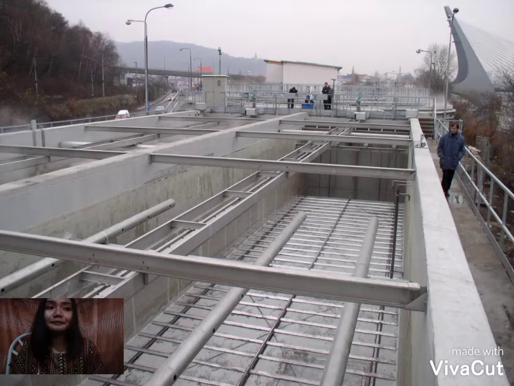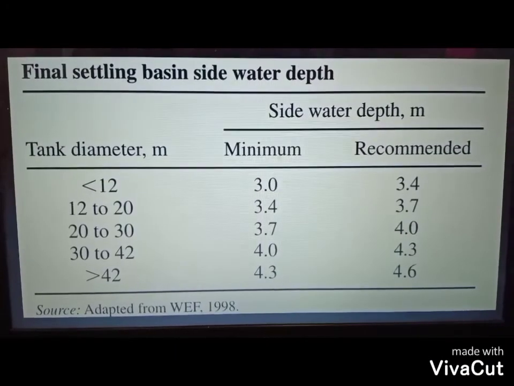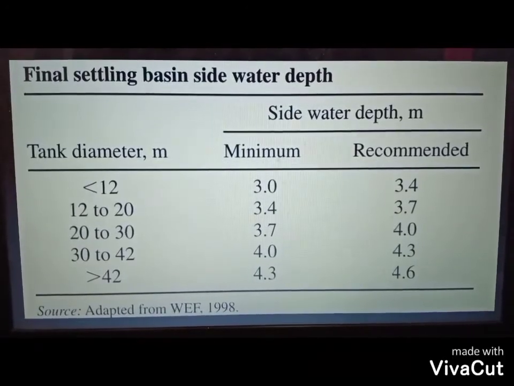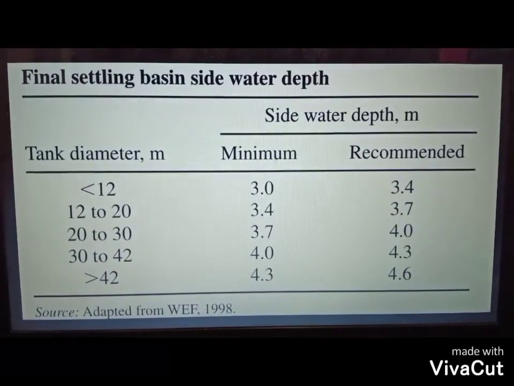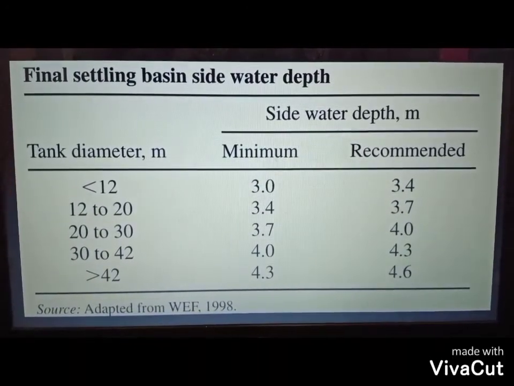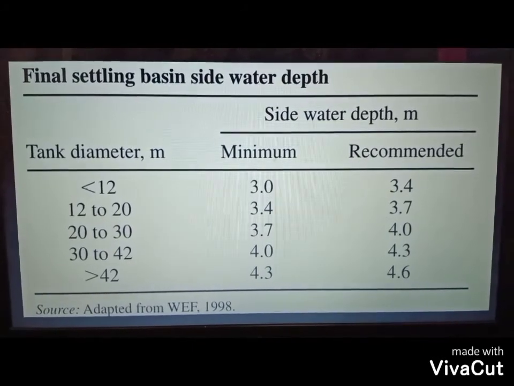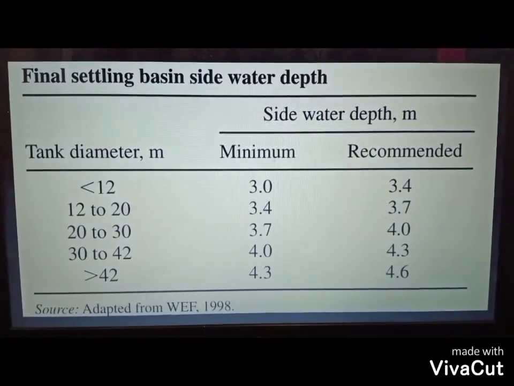For plants larger than 3,800 cubic meters per day, the weir loading rate is specified as less than 350 cubic meters per day per meter.